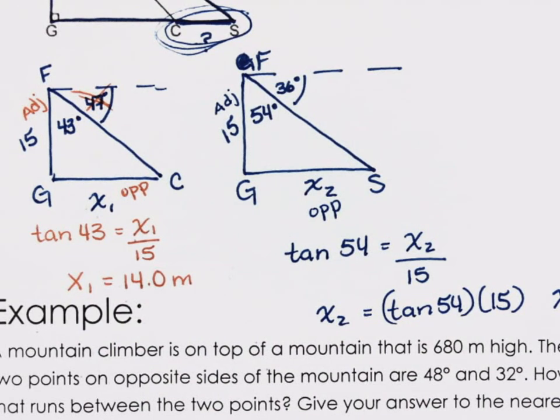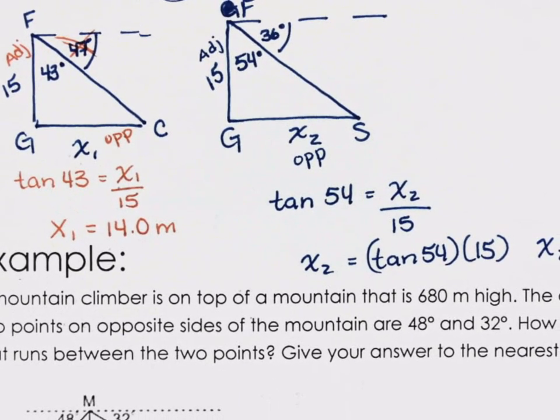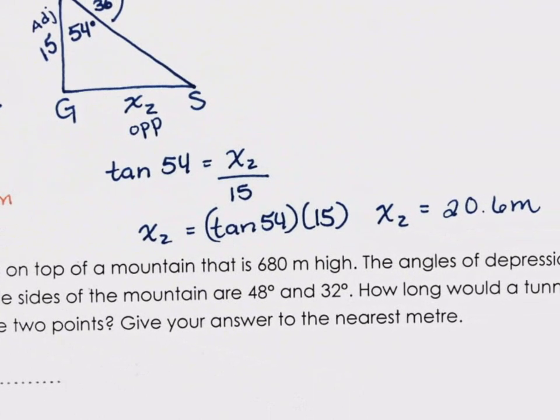Anybody else get 14, or am I by myself? I got 14. Okay, so if you guys got 14, that's awesome. I did the second one and I got 20.6.